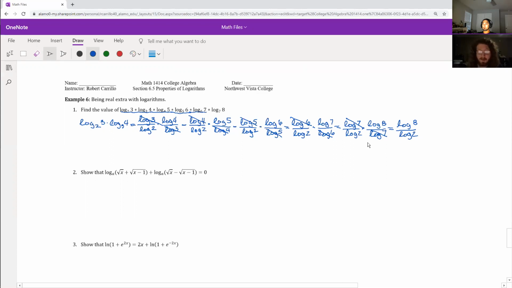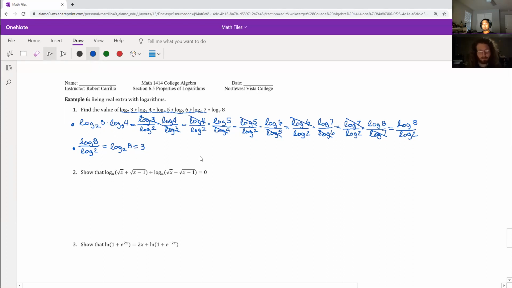Now this step, we'll take it back over here to the beginning. We got log 8 divided by log of 2, reverse the change of base formula, and we'll get log base 2 of 8, right? So this is asking what power do we have to raise 2 to in order to get 8? And that is 3.